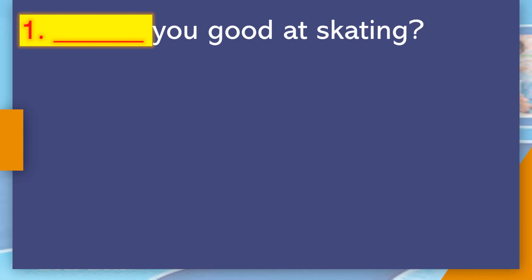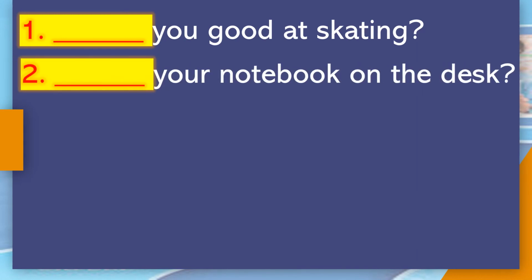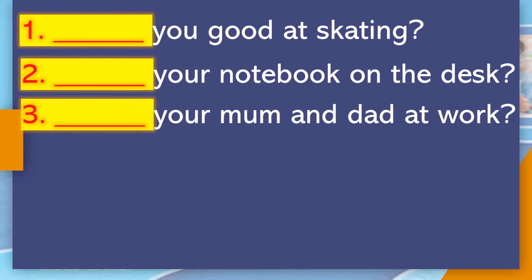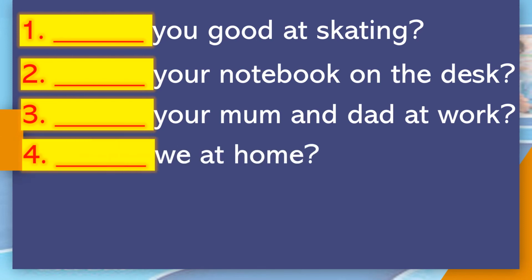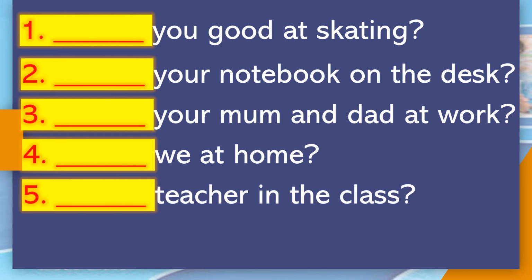The subject is you. So for number 2, your notebook on the desk. What is the answer? Look at the subject, your. So your belongs to who? How many people? Number 3, your mom and dad at work. Number 4, we at home. Number 5, the teacher in the class.